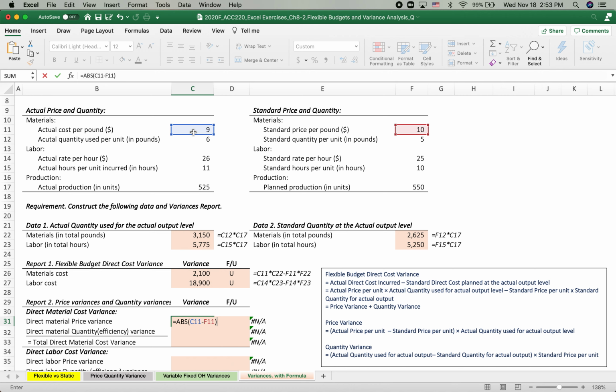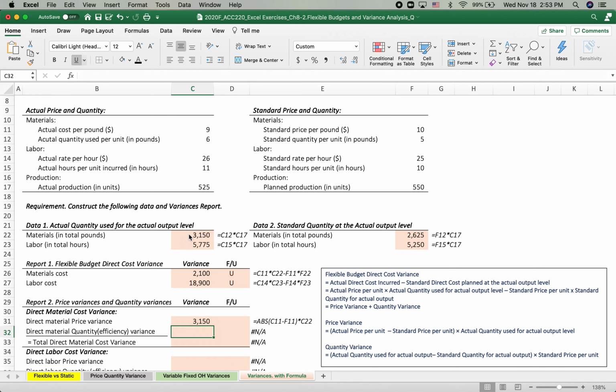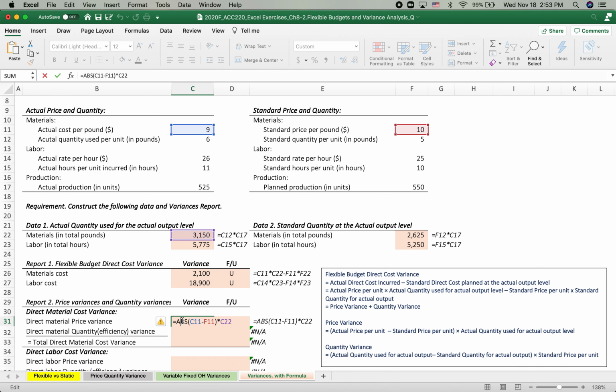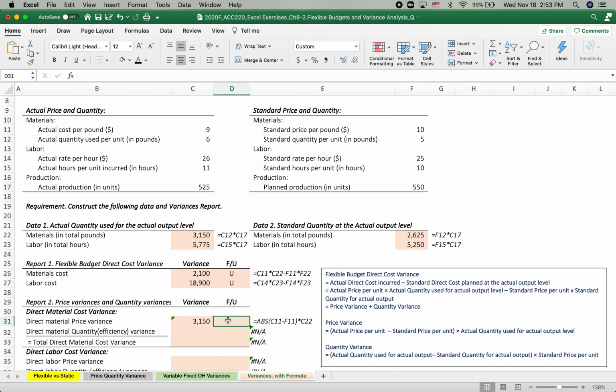So the company actually spent a less amount of money, times the actual quantity used for the actual output level. There you go, 3,150. So 3,150 is the favorable.